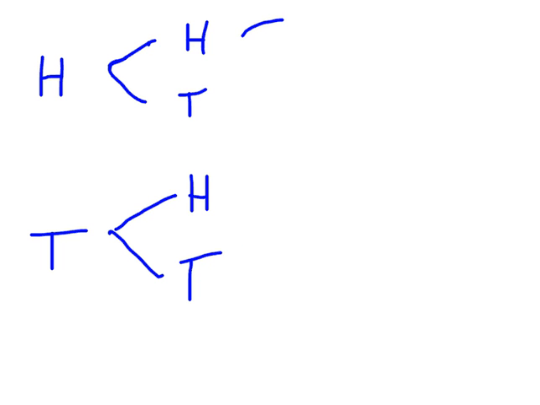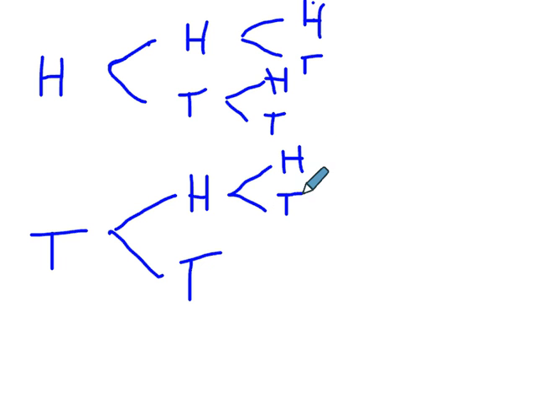And then on our second flip, we could also get a heads or tails, or a heads or tails if tails came up. And then on our third flip, we could get heads or tails, heads or tails, heads, tails, heads, or tails.